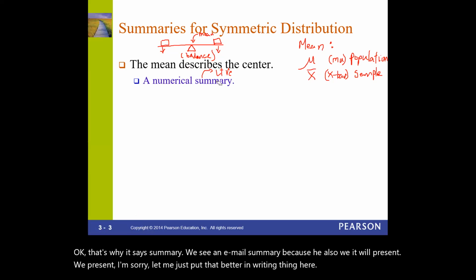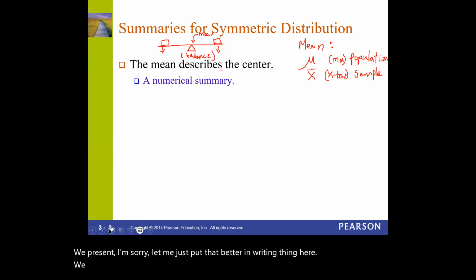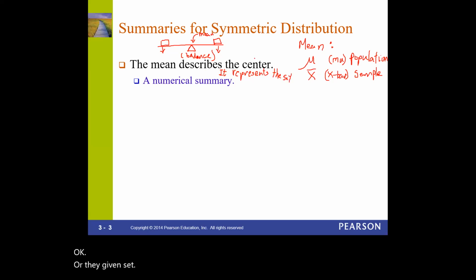We say a numerical summary because it represents the set, or the given set.